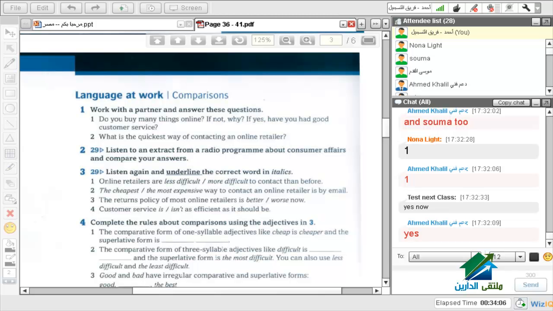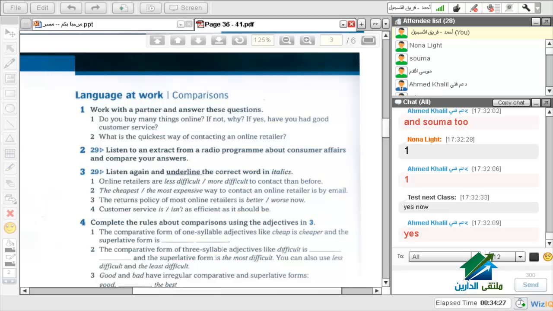You have lots of choices. They have lots of goods. Also, you can buy from Walmart. Okay, go ahead.